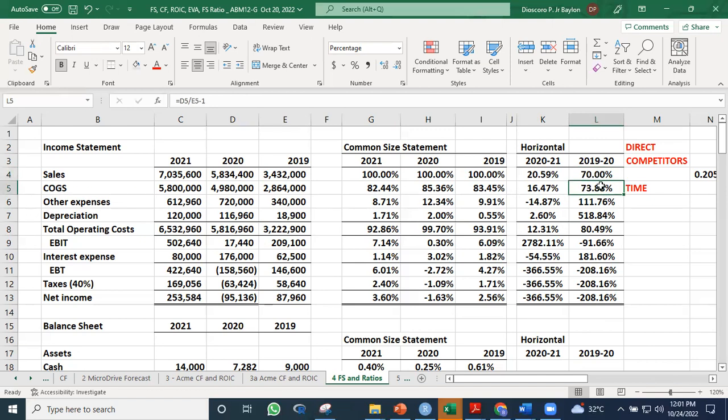Mas mataas pa yung increase ng cost. And then yung total operating cost natin tumaas ng 80.49%. So the increase in total operating cost was much more than the increase in your sales. Diba? Dito hindi eh. Tumaas yung operating cost natin ng 12%, pero tumaas si sales ng 20%. Ito, tumaas yung operating cost natin ng 80%, pero yung sales natin tumaas lang ng 70%.